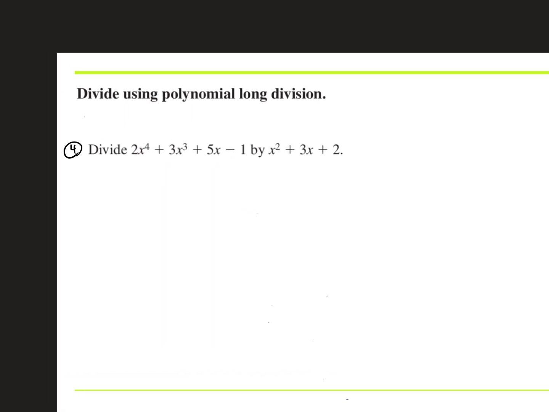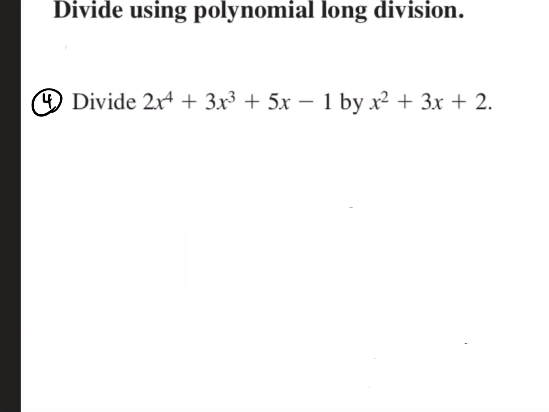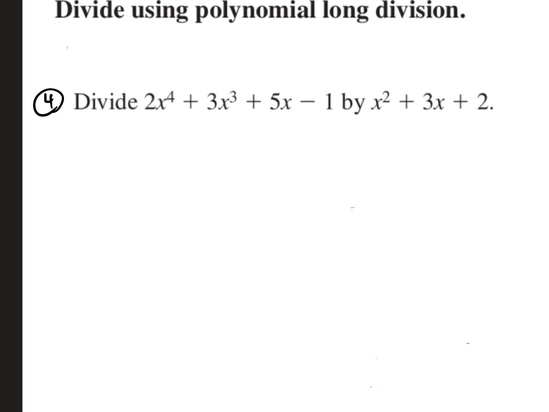All right, let's look at the next one. What goes on the outside? X squared plus 3x plus 2. So that means the other one's going to go on the inside. Before I write it on the inside, am I missing any terms? The x squared. So in that spot, I have to put a 0x squared.